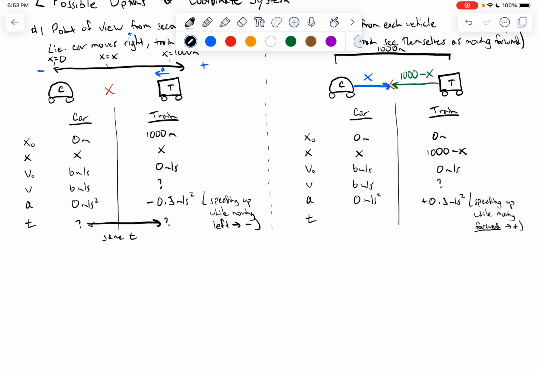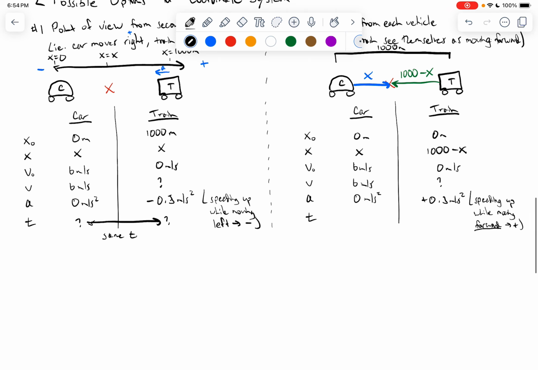Our job is to figure out how to set up an equation for the car and for the train and see if we can get them to be equal to each other. Sorry, one last thing to finish off the option 2 table: just like before, the amount of time we're traveling for is going to be the same in both.